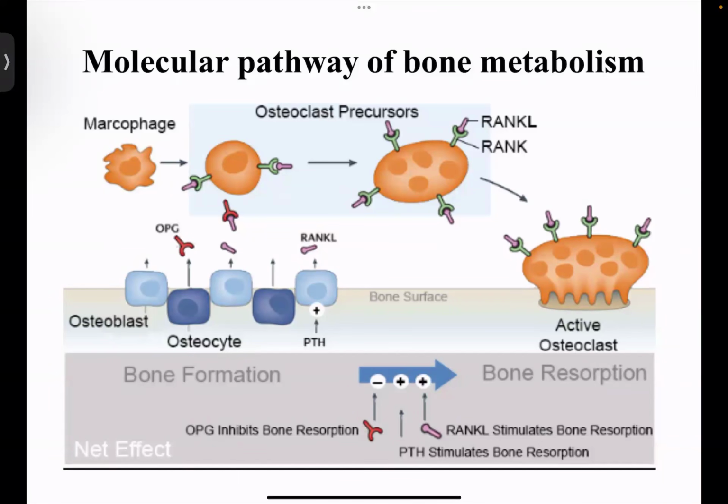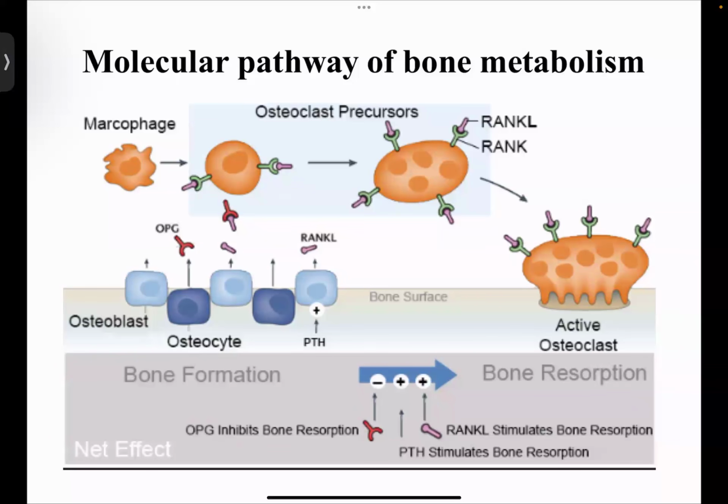Osteoclasts arise from macrophages, and they have a receptor on their cell surface called RANK. Osteocytes and osteoblasts release RANK ligand. When RANK ligand attaches with RANK on the cell surface of the osteoclast, it activates the osteoclast, and it causes bone resorption.